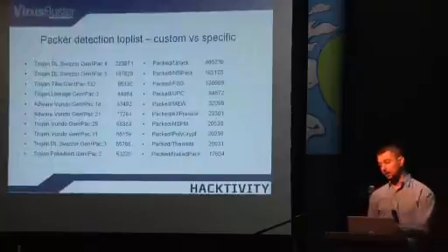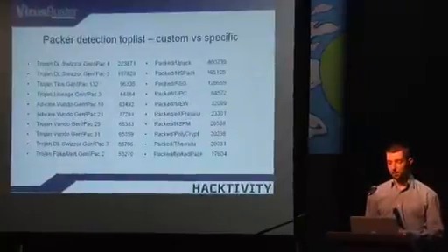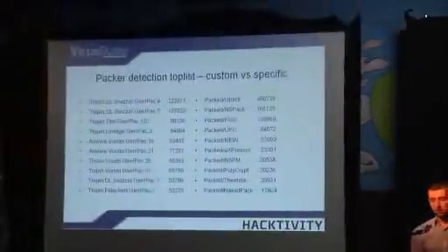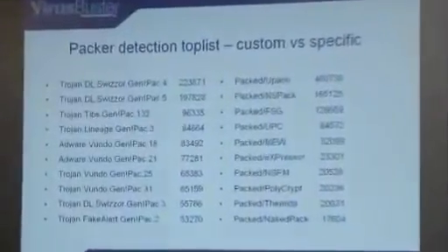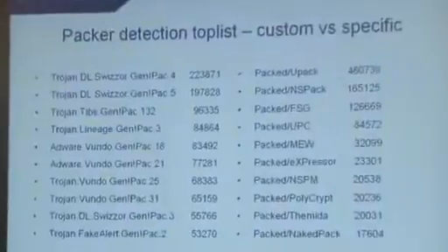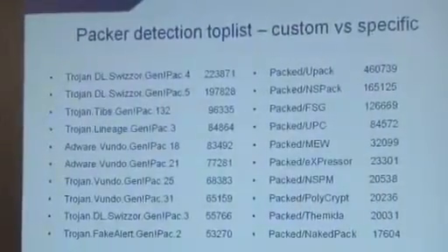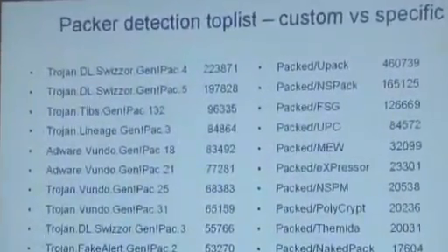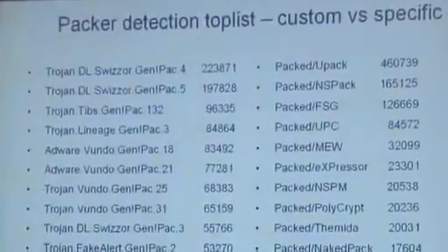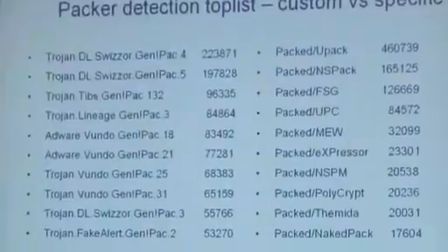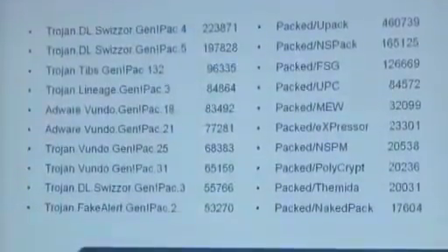A bit of statistics about what this looks like, and this is a quarterly internal collection we had. You can see the custom packers. They belong specifically to one or more malware families. And on the right hand side, you see the packers that somebody procured and propagates over the internet.